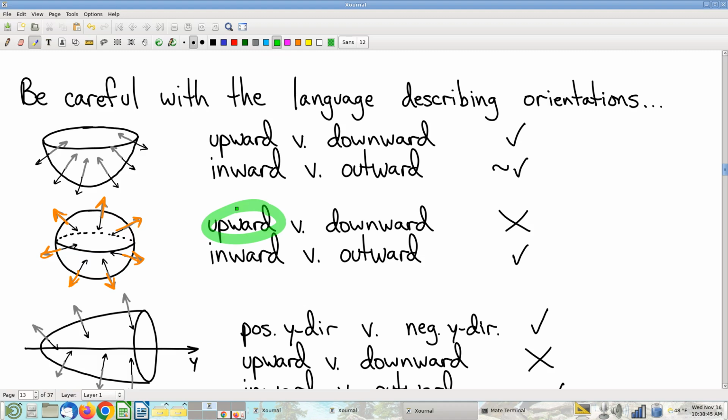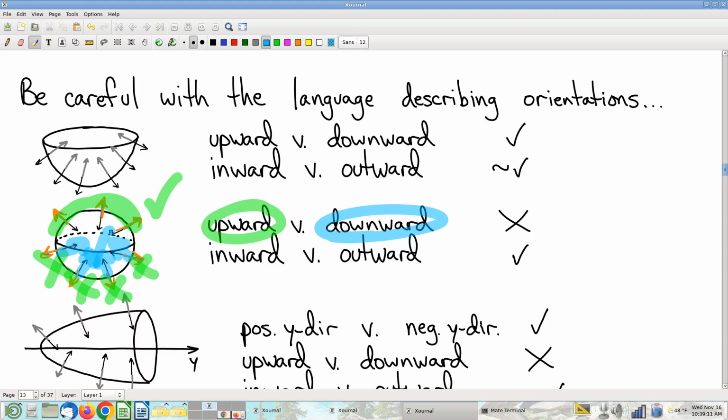If I try to call them upward, well, some of those vectors are upward, but these vectors down here are not upward. So that's just not a good description of this orientation. And furthermore, arguably worse, some of those other orientation vectors are also upward.